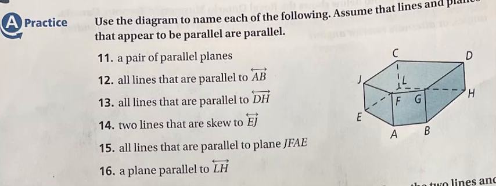And the last one here on exercise 16, a plane parallel to LH. So if we look at LH, this is the bottom line here, these two intersections. So a line is parallel to a plane if they do not intersect. So what does not intersect this but is parallel?